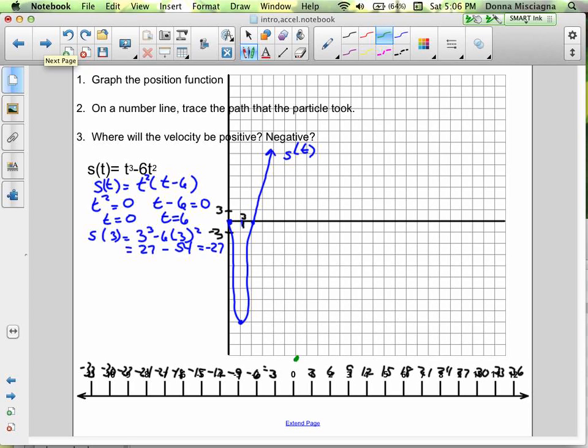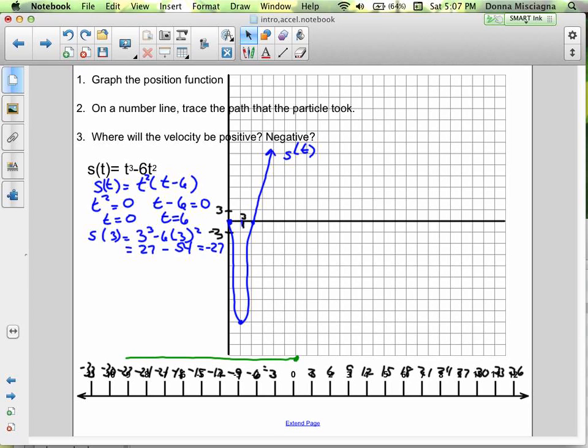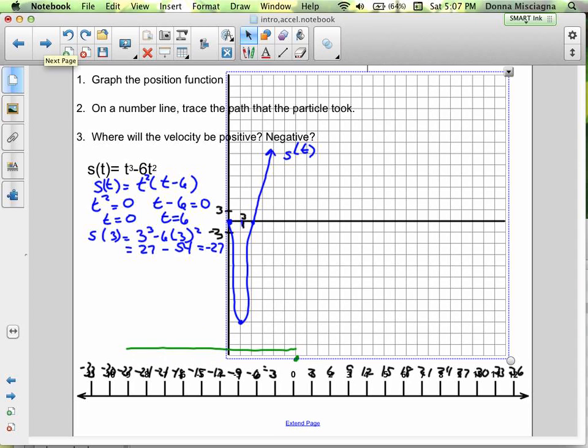All right, so let's trace our path. So we're moving in the negative direction till we get to negative 27. So in the negative direction. Oops, well, I usually like to do red for negative. It's probably not a big deal, but let's be consistent.